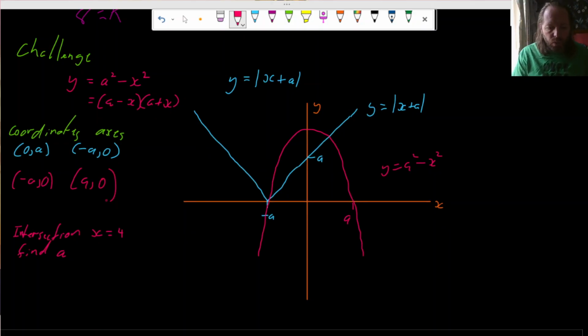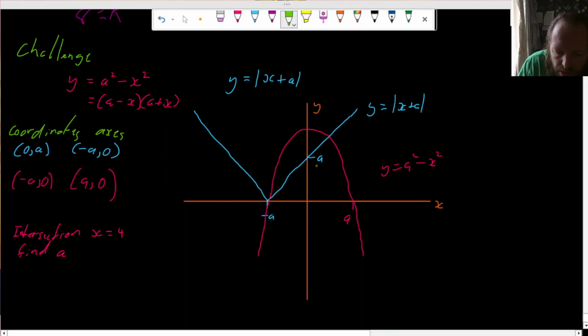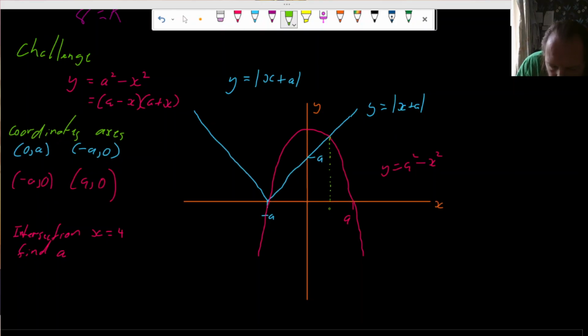Okay, we have been told there is an intersection of these graphs at x equals 4. So presumably this point here is 4. Okay, find a.